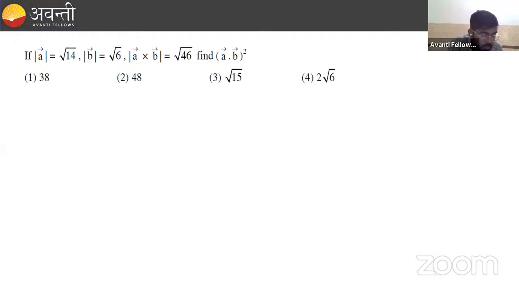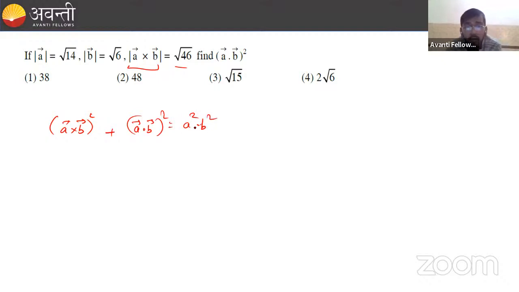So to solve the next question, here we have been given that the modulus of a bar cross b bar is under root 46. We know that a bar cross b bar whole square plus a bar dot b bar whole square equals a square into b square.